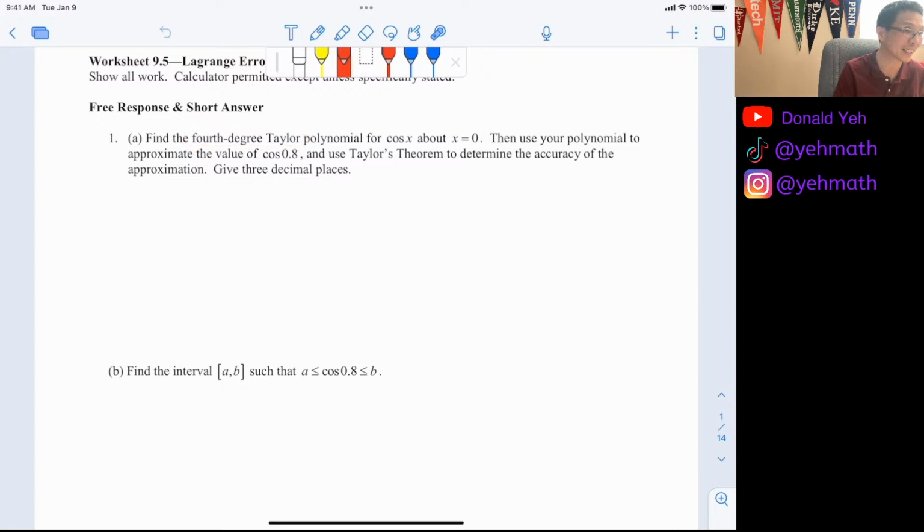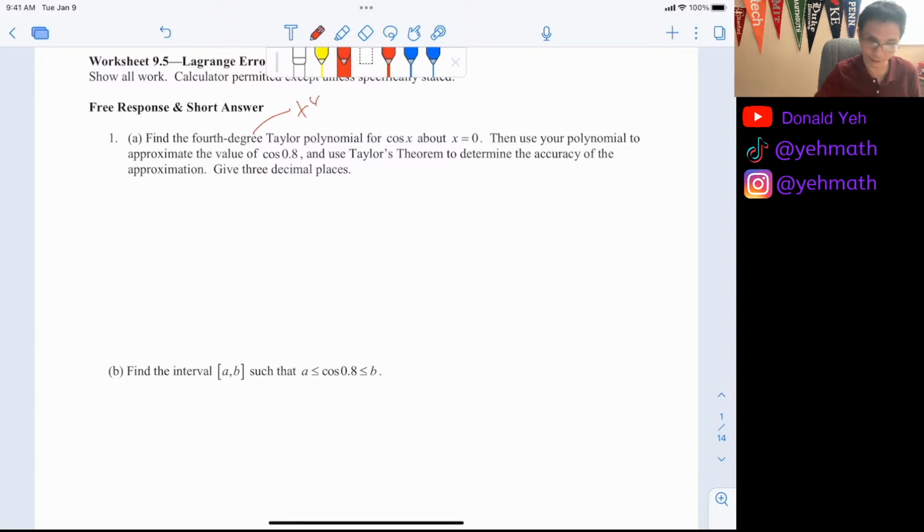The other way they're gonna phrase it is the first four non-zero terms. So just the first four terms? Yeah, but this one is a fourth degree. So if you see fourth degree, automatically think x to the fourth.